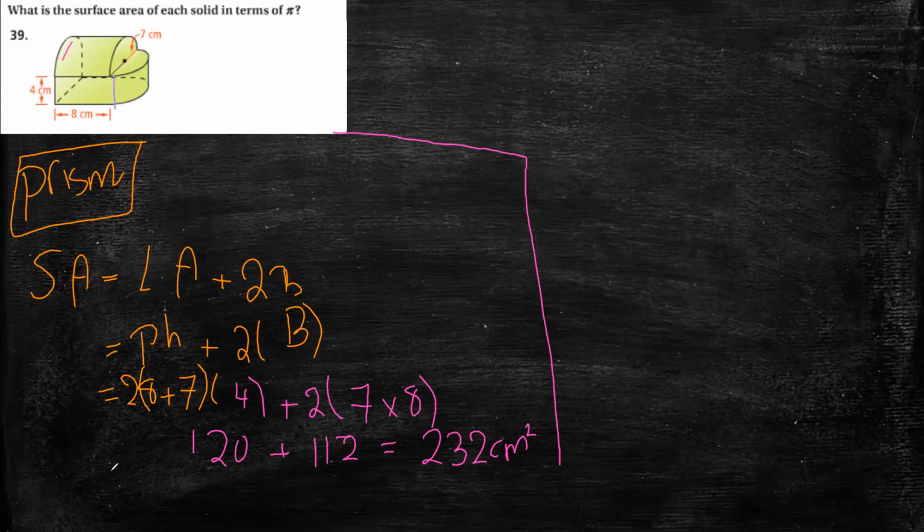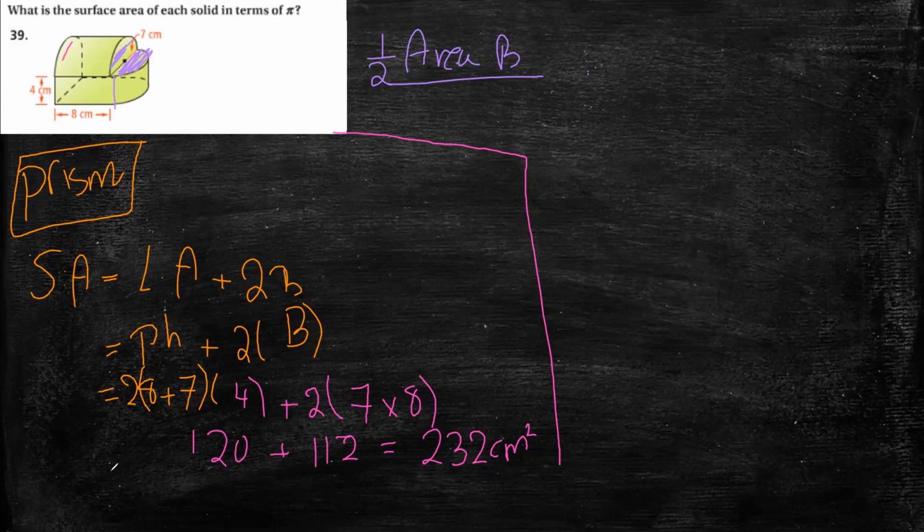So for this one here, I need only to find the area of the base, which is half the area of the circle, and half of the area of this circle also. And also here, this base is what is common between the prism and this lateral surface.